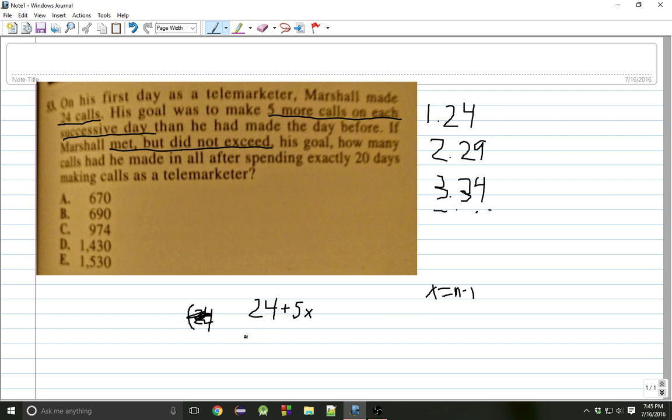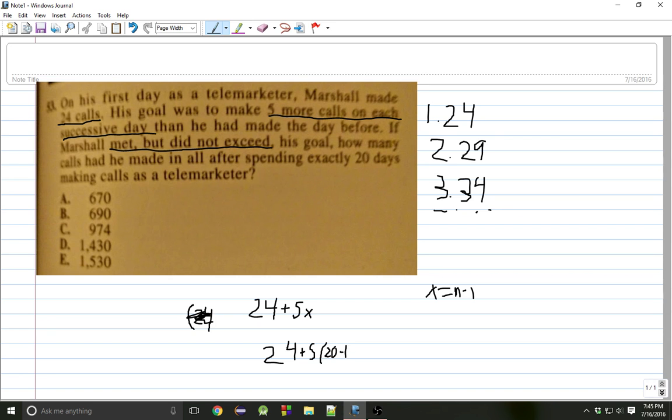So the first thing we can do is find the ending term of this arithmetic sequence by finding 24 plus 5 times 20 minus 1.